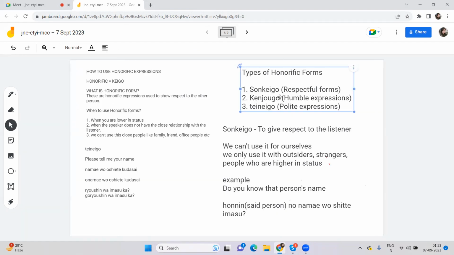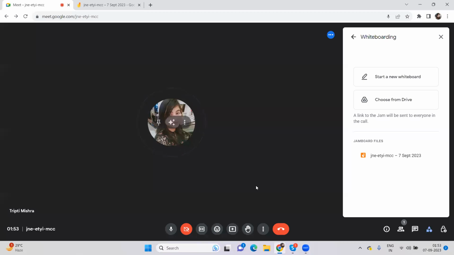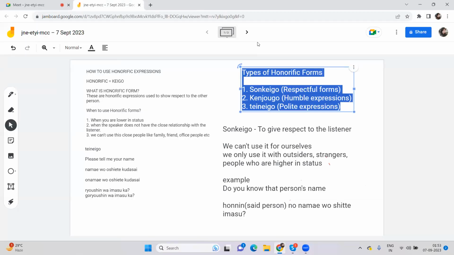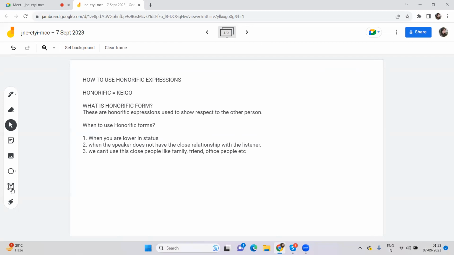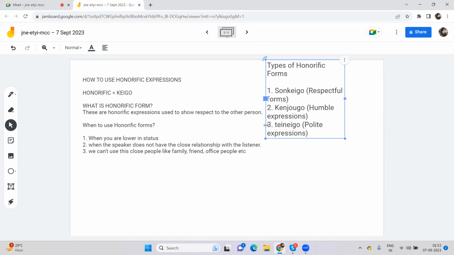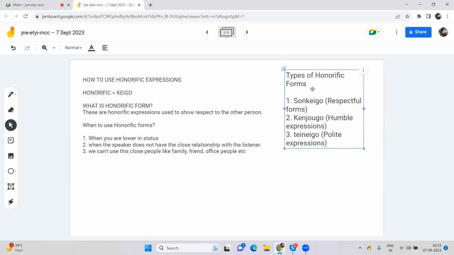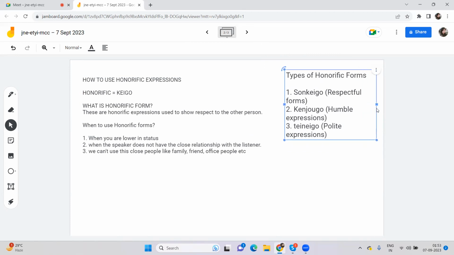Keigo is divided into three parts, so let me copy this and write it here. Now I'm teaching you the types of honorific forms, or types of keigo forms. Keigo forms are divided into three parts.